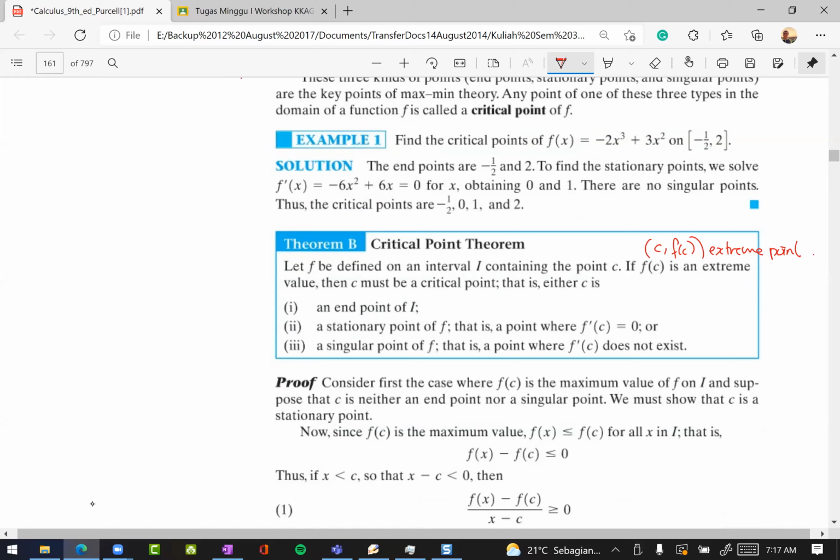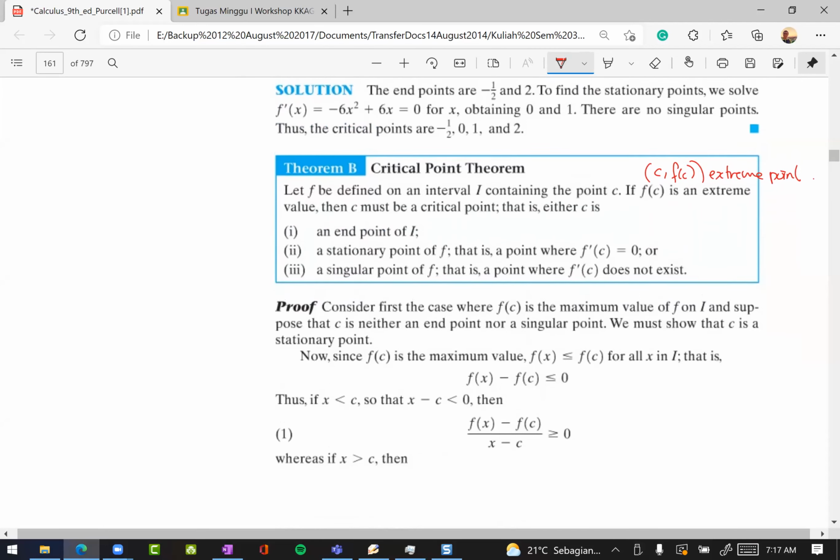Okay, so what does critical mean? It's either an endpoint of the interval, so left end or right end, or a stationary point, which has a horizontal tangent, or a singular point. So it is a corner thing. That's the reason we need critical points, because we would like to determine extreme points.